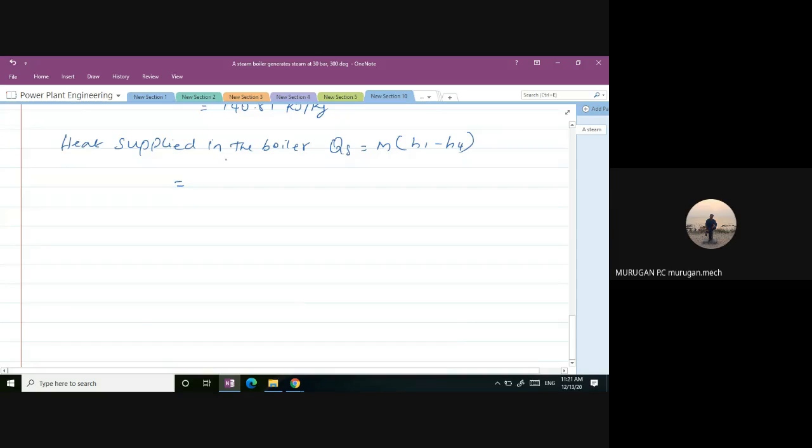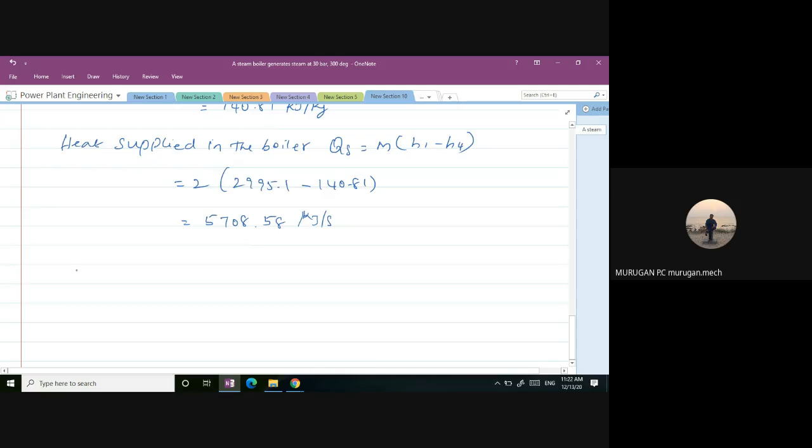Now 2 into 2995.1 minus 140.81, that is equal to 5708.58 kilojoule per second. Okay, so this is the answer.